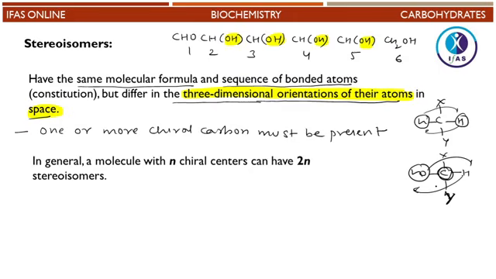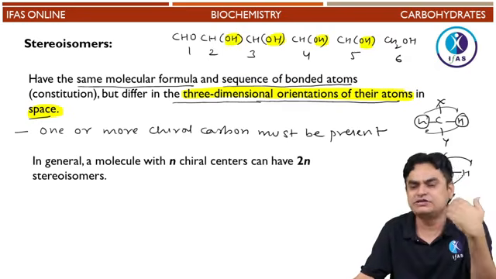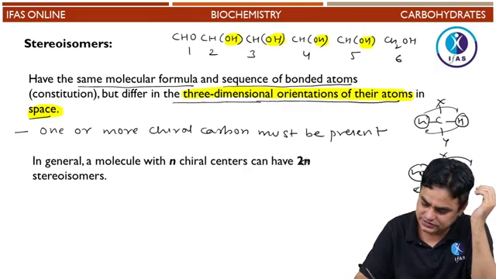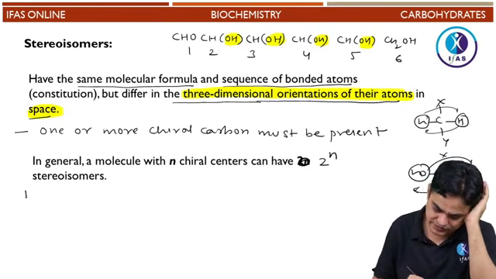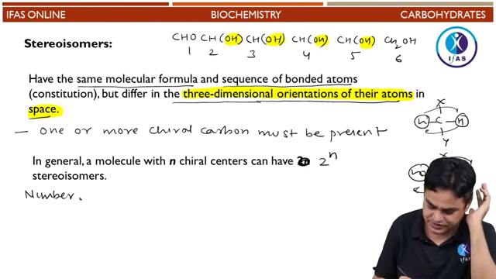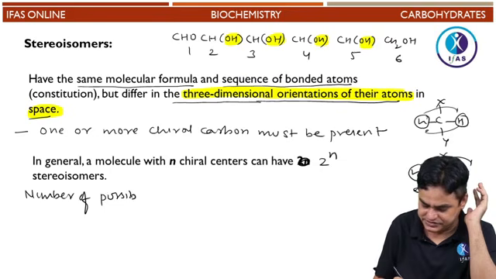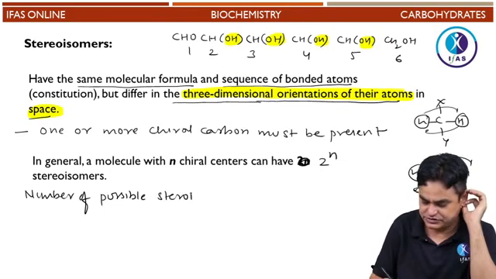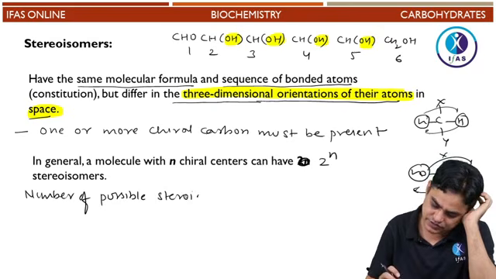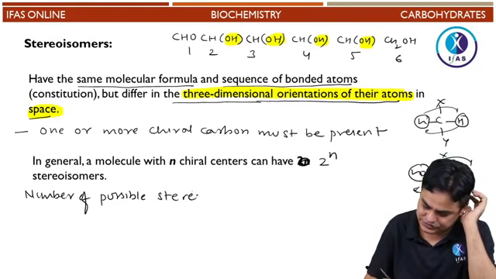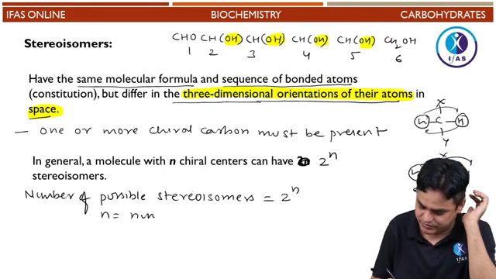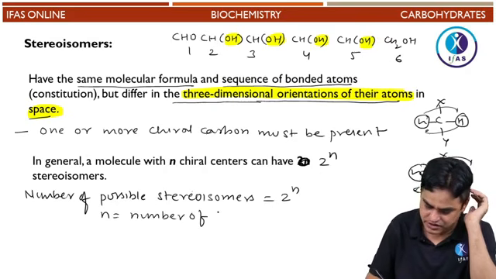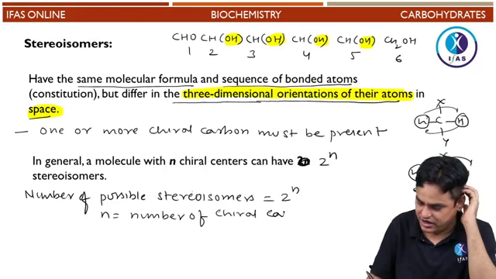What could be the total number of possible stereoisomers? The formula is 2 raised to power n. In other words, the number of possible stereoisomers is 2 raised to power n, where n is the number of chiral carbons.